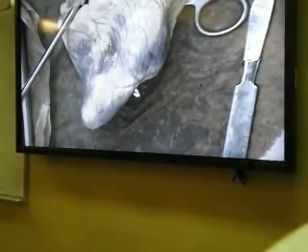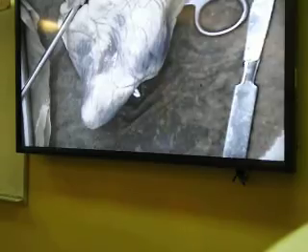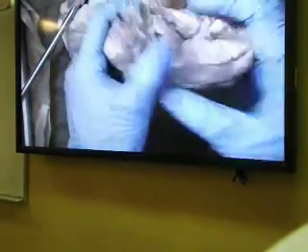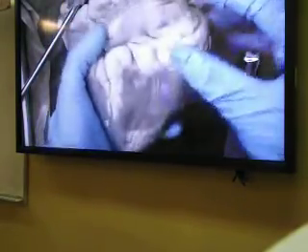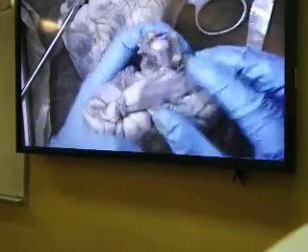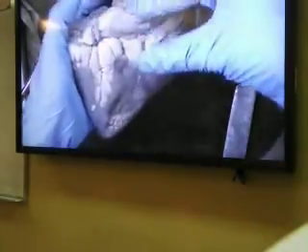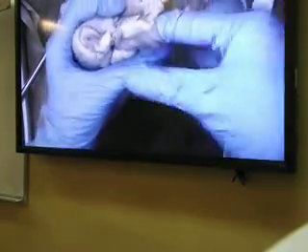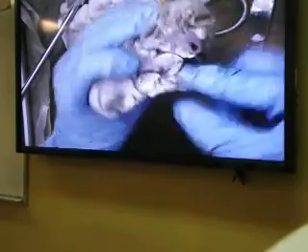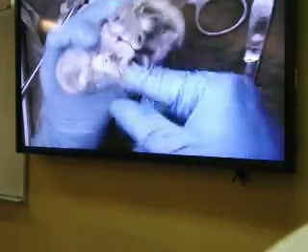One more. As you will see, there are different types of superior and inferior vena cava as well. This is pretty good, where the superior vena cava is here and the inferior vena cava is coming out.